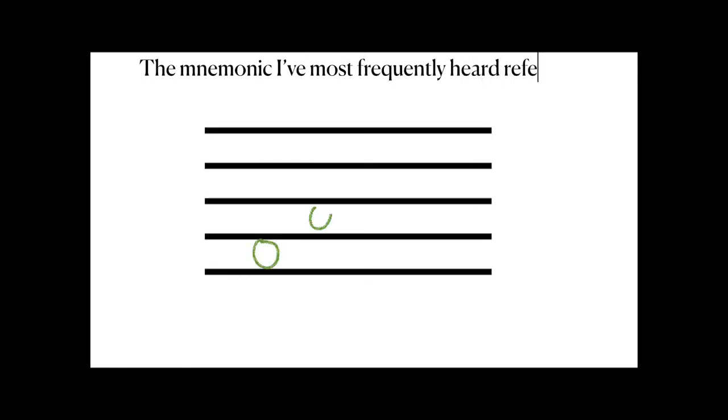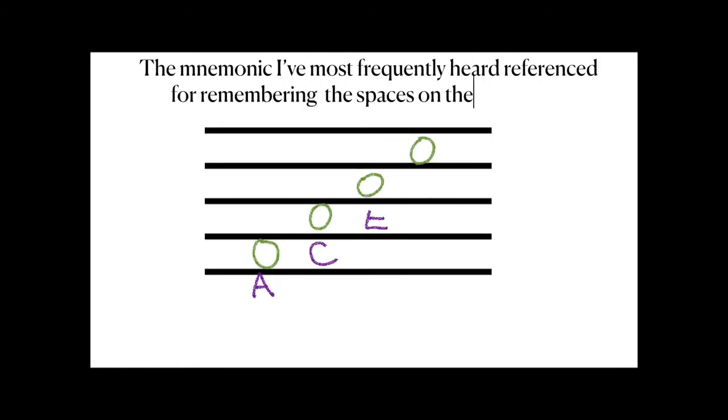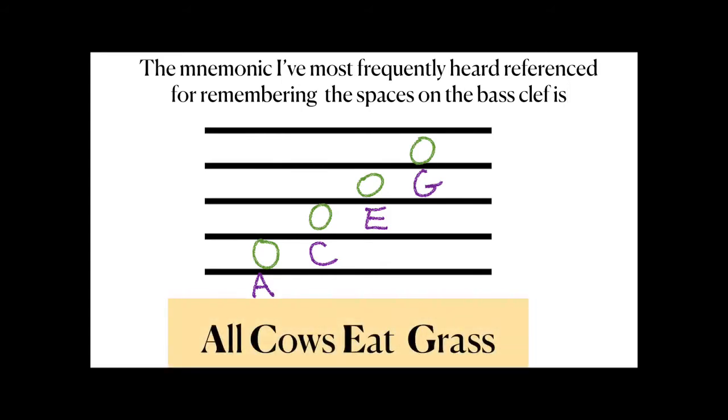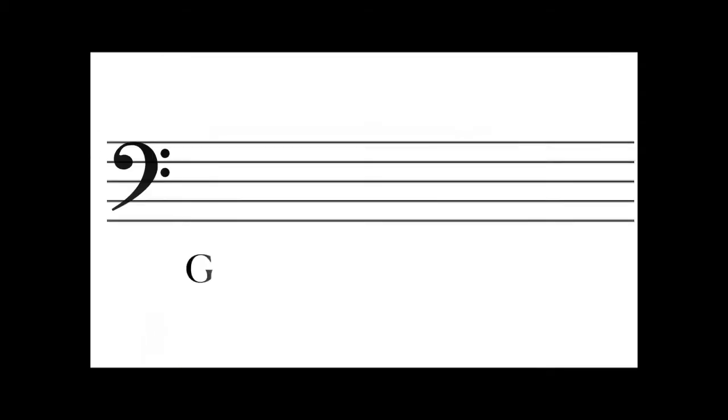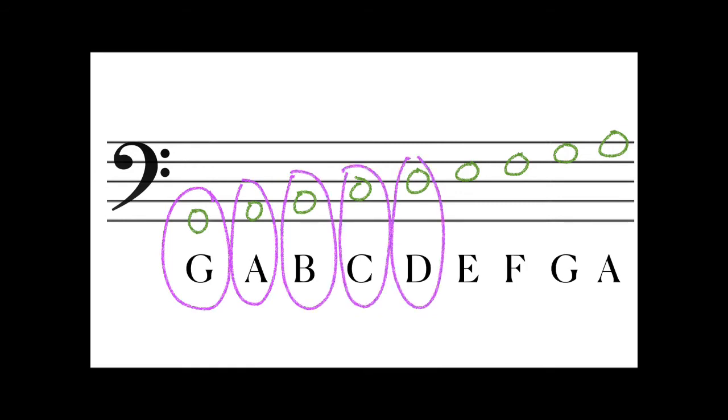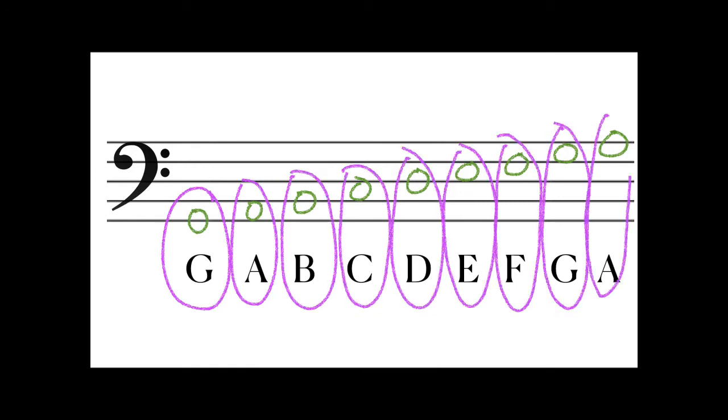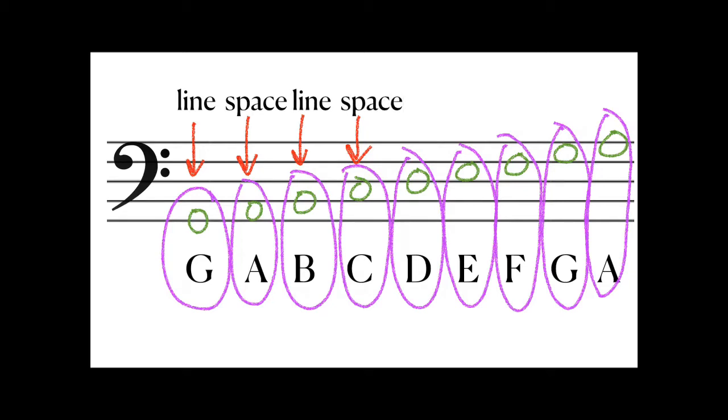The mnemonic I've most frequently heard referenced for remembering the spaces on the bass clef is all cows eat grass. So if we're labeling each pitch from the bottom line to the top line on our bass clef, you'll see that we start with a G, we end with an A. In the same way that we demonstrated for treble clef, we have line, space, line, space.